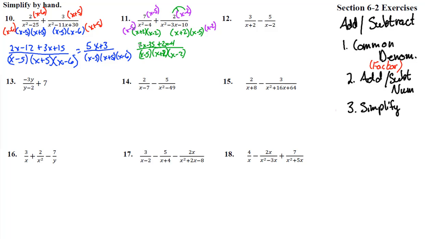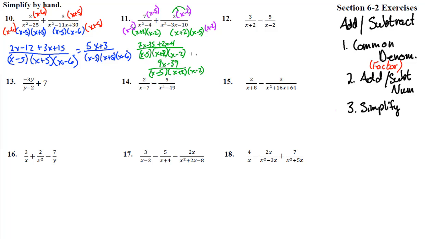Good. And so this is what? 9x minus 39? Is that correct? Looks like that's what our answer is. 9x minus 39. Nothing factors out of that, so we're going to be left with 9x minus 39 over x minus 5 times x plus 2 times x minus 2.